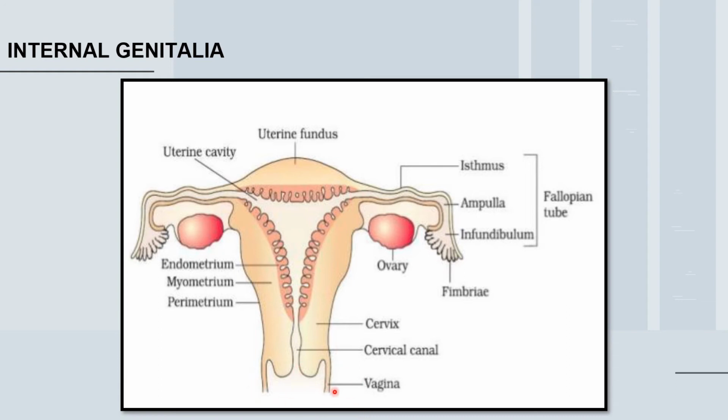This tube-like structure called vagina extends from the cervix. Vagina is around 7.5 centimeters to 10 centimeters in length.